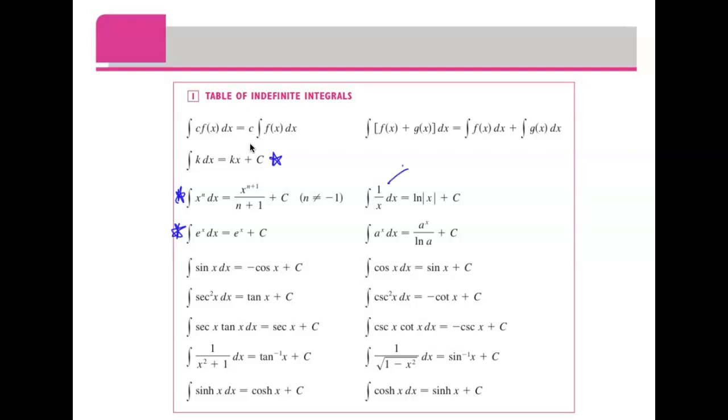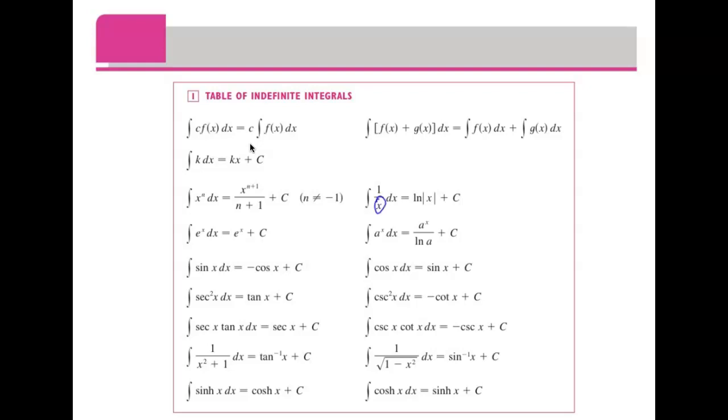One interesting one, the integral of 1 over x. You cannot use the power rule on that because that would get you x to the 0 over 0, right? So we have to think of a function whose derivative is 1 over x. Well, that function is natural log, right? The derivative of natural log is 1 over x. However, in this case, when we're integrating 1 over x, we have negative values in the domain of this x.